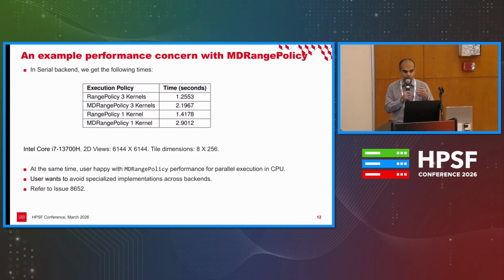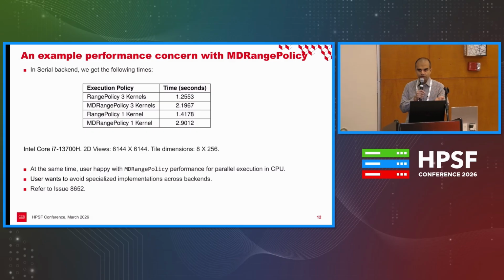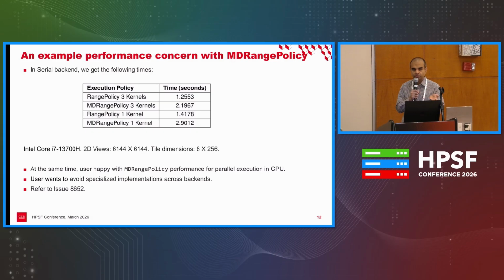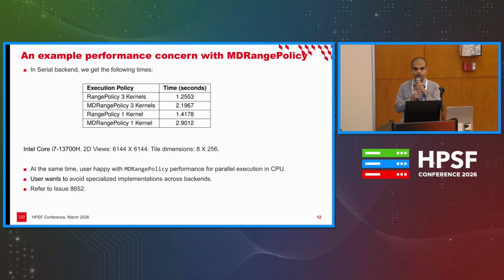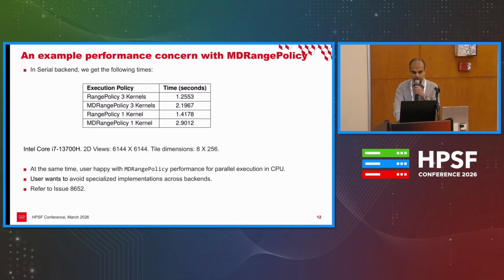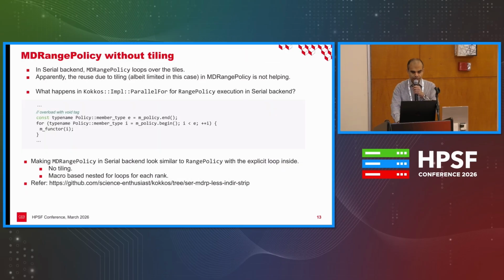At the same time, this MDRangePolicy based implementation works acceptably well for the multi-core setting for the same CPUs. So now comes the question of portable performance. The user wants to have the same code which will run both in serial and multi-core settings. You can refer to this issue for further details.